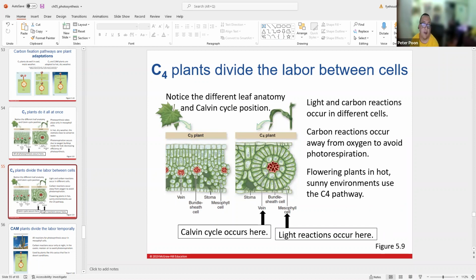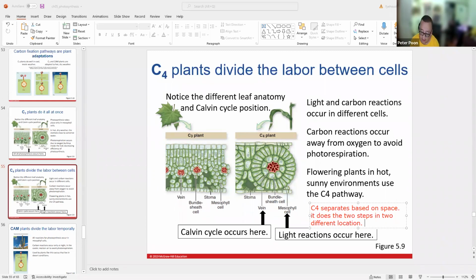So the way to understand this is that C4 separates the steps based on space, in two different locations.